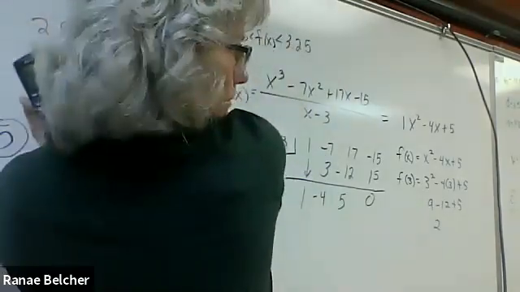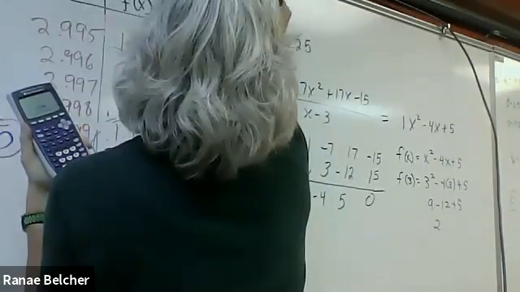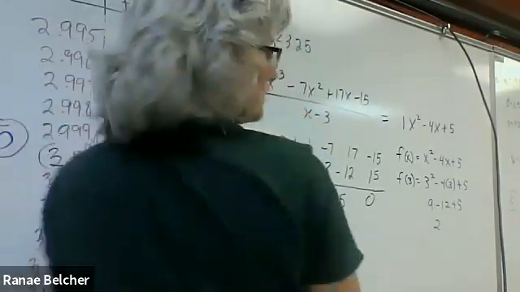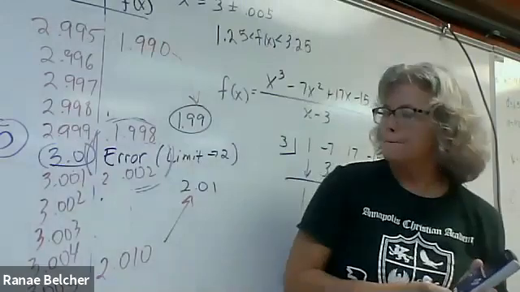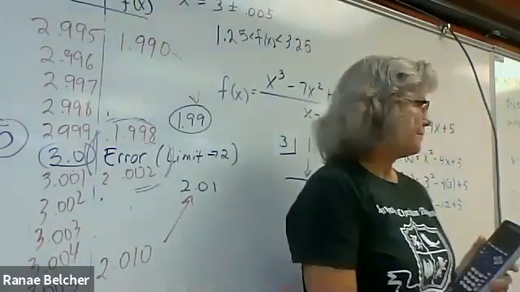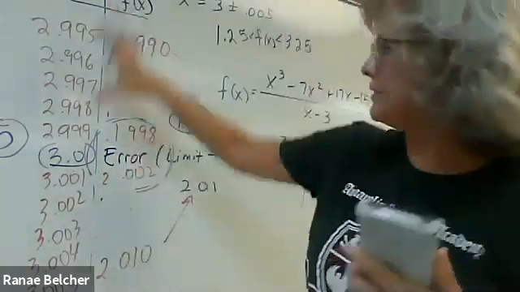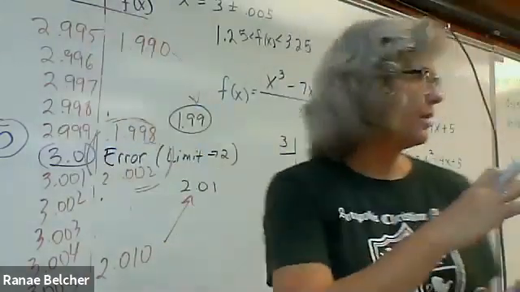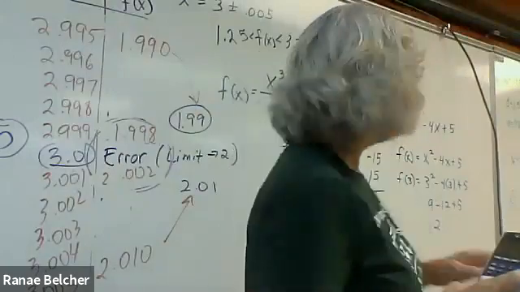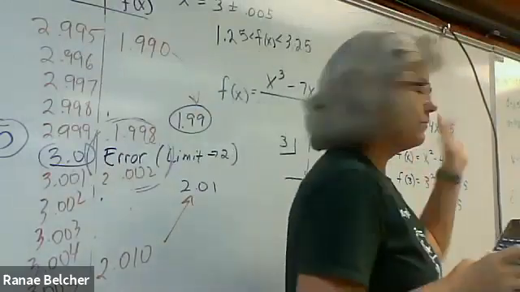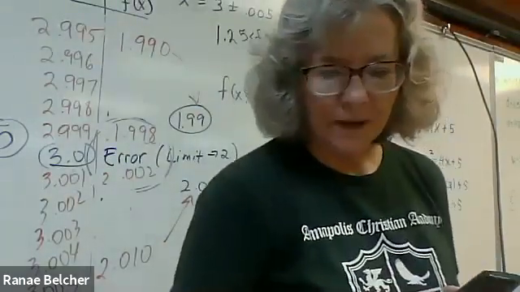Does that make sense? 0.005. Okay, so that's what you have for number 6. And we're going to do several of those. This, numerically, is doing it with this table like that, kind of trial and error. You can do it the algebraic way, and we'll probably do that later.